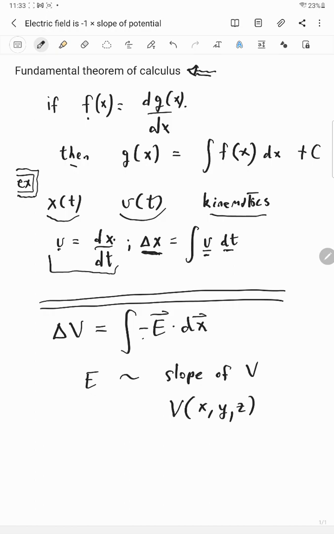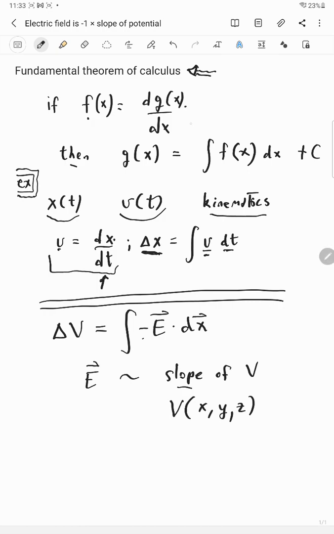And the electric field is a vector, which is also a function of x, y, and z. So when you ask what the slope is, when we talk about slope for velocity, the slope is with respect to time. It doesn't have to do with space.